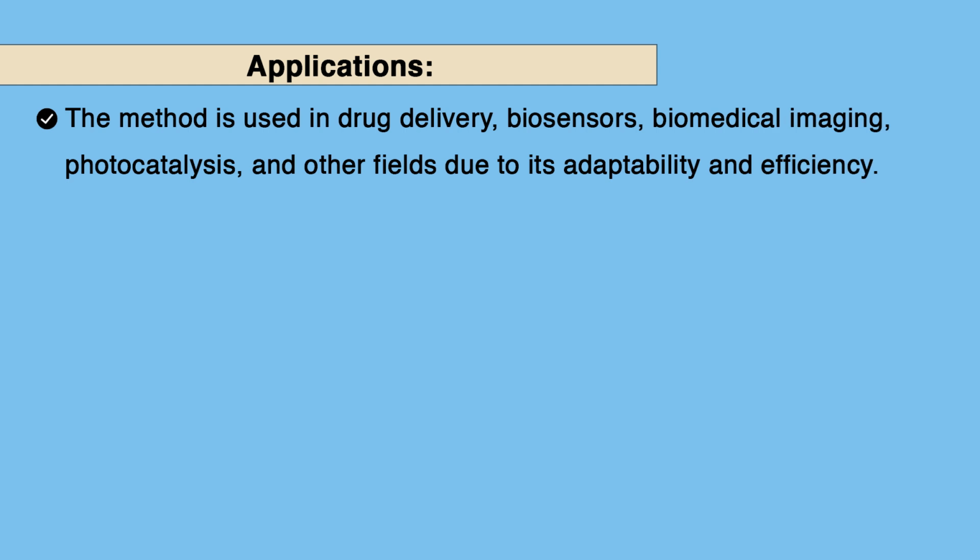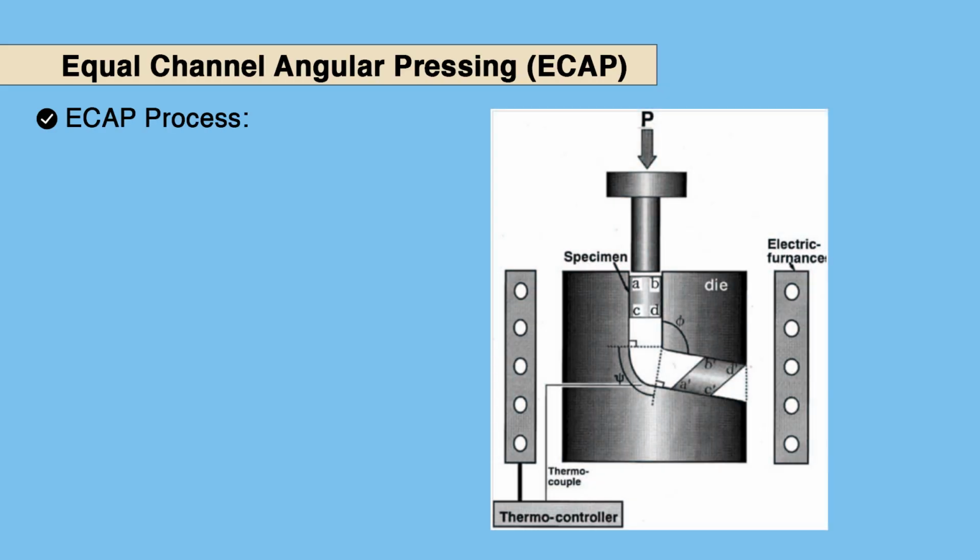The method is used in drug delivery, biosensors, biomedical, imaging and photocatalysis and other fields due to its acceptability and efficiency. Self-assembling is a powerful method in nanotechnology, enabling the creation of complex and functional structures across multiple scales with minimal external intervention.